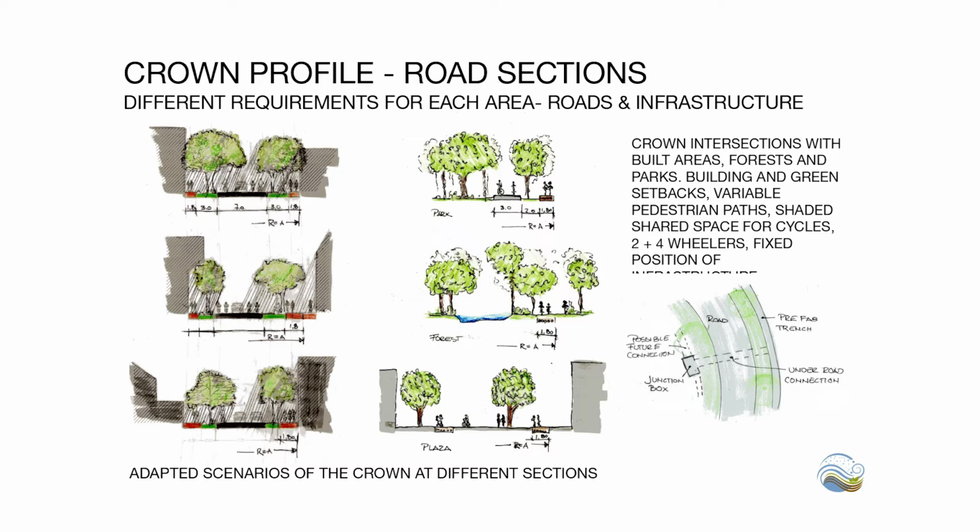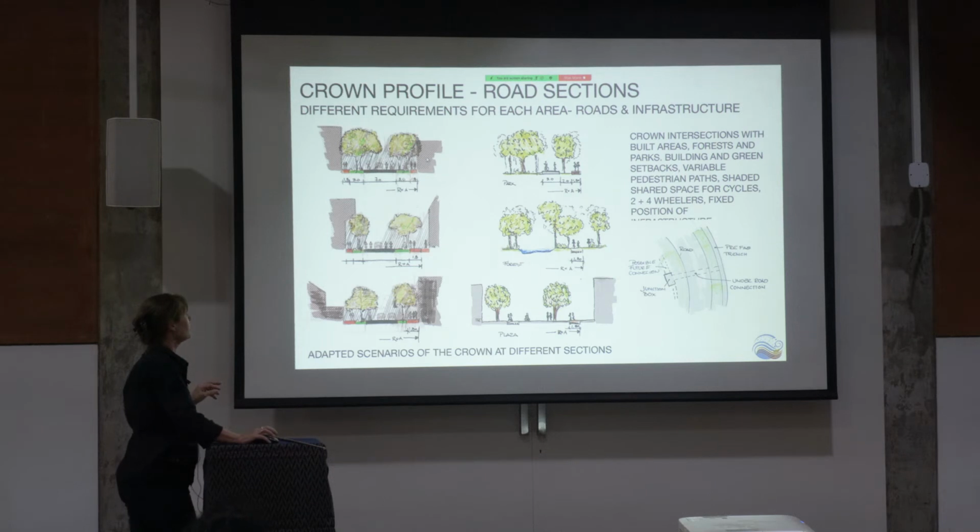Then I get to the sections of the crown. A lot of people have talked about this, the explorations of how it could be shaded. I haven't actually reduced the width of the crown much, or not at all. What I've done is I've put the infrastructure always in exactly the same position on the outside of the crown.